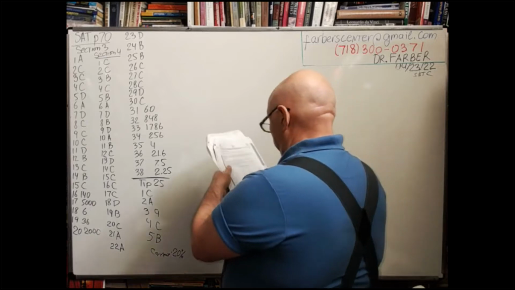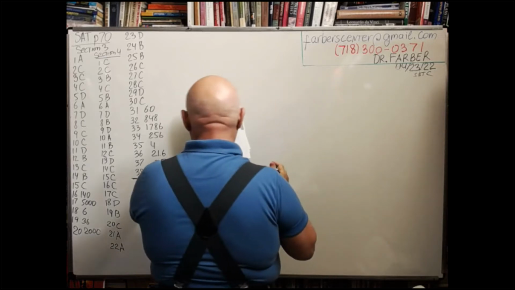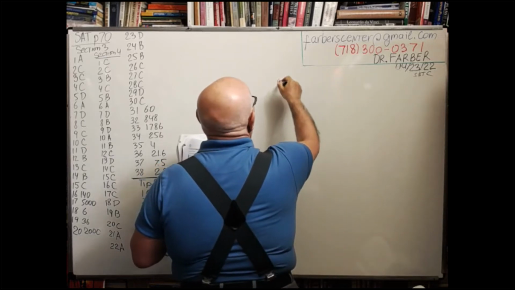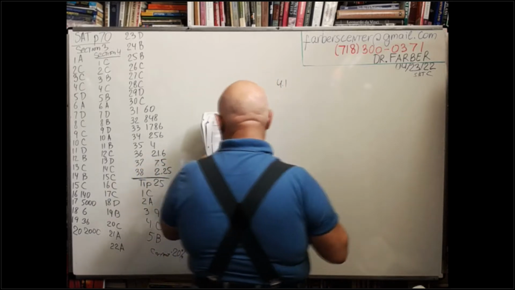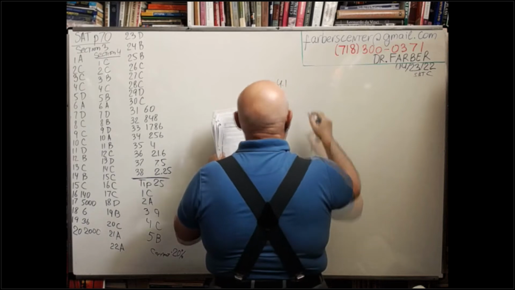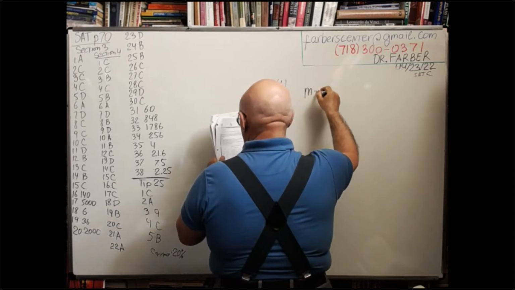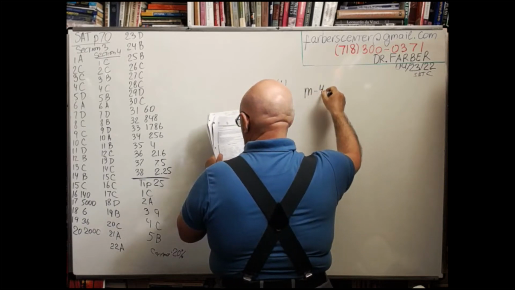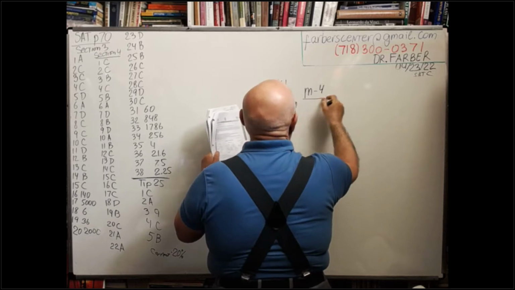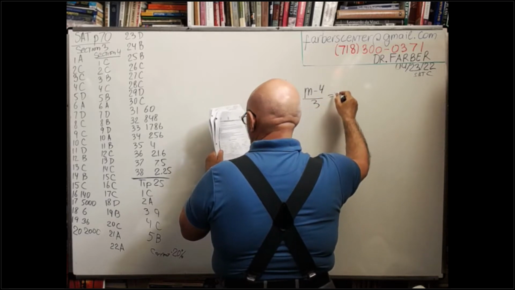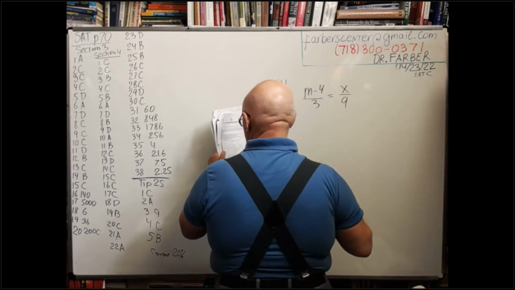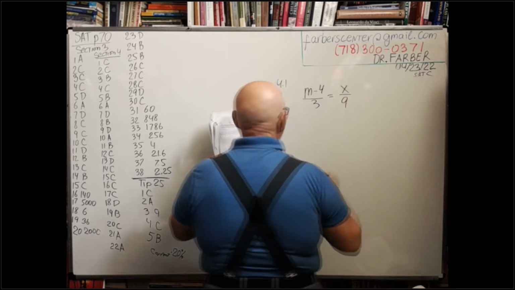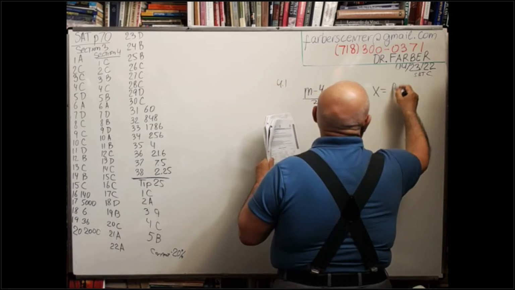In section number 4, for 1. Again, it's easy, but if a few students ask, I definitely explain. What is it? It's m minus 4 over 3 equals x over 9. What is x in terms of m?